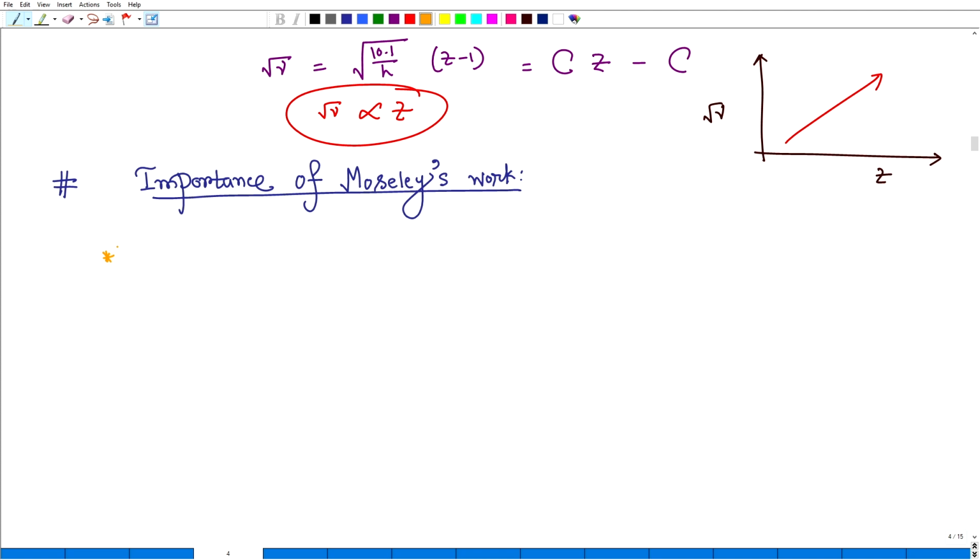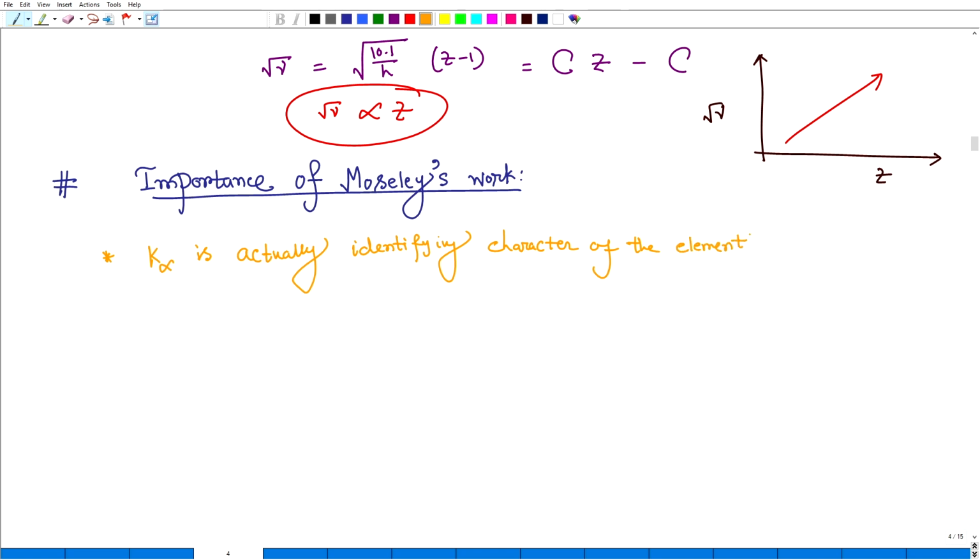First point is, according to Moseley's law, the characteristic X-ray spectrum is actually regarded as the identifying character of an element. That means K alpha is actually the identifying character of the element, right?